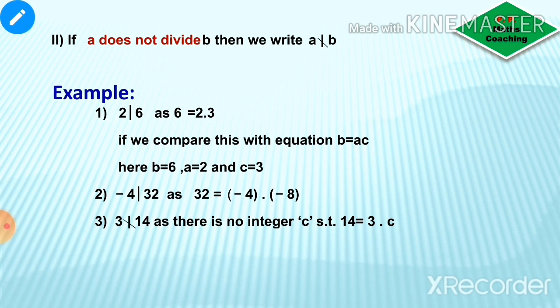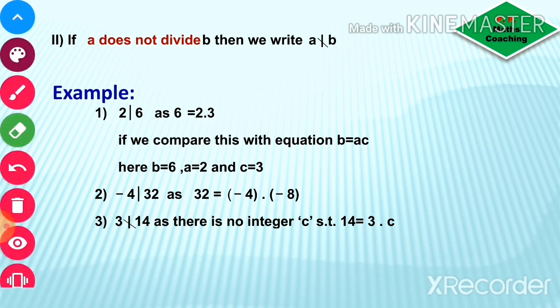And our next, third example, 3 does not divide 14, as there is no integer c such that 14 is equal to 3 into c. Here, in this equation 14 is equal to 3 into c, if we take c equal to 14 upon 3, then this equation is satisfied.